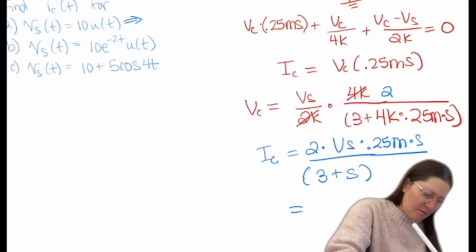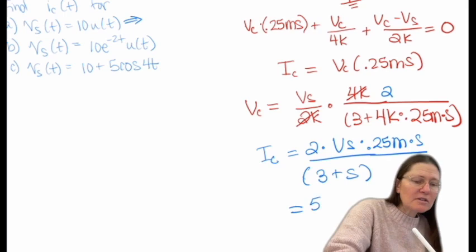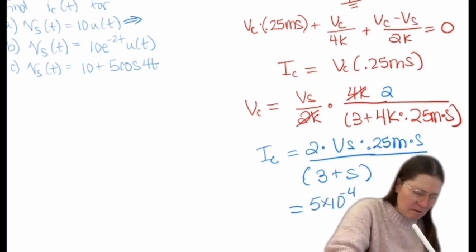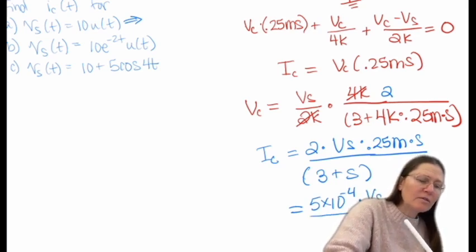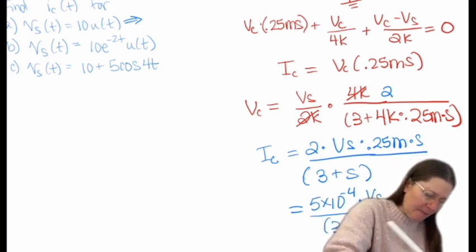So this ends up 5 times 10 to the minus 4, times VS times S, all over 3 plus S.